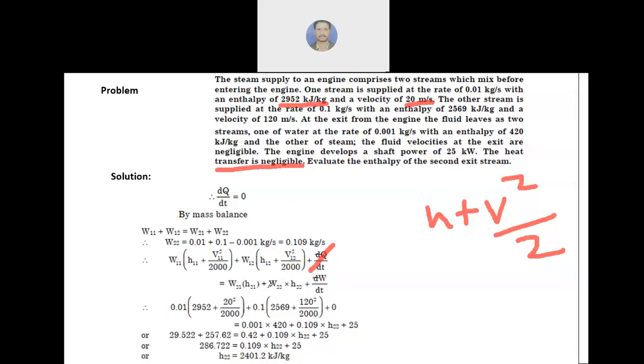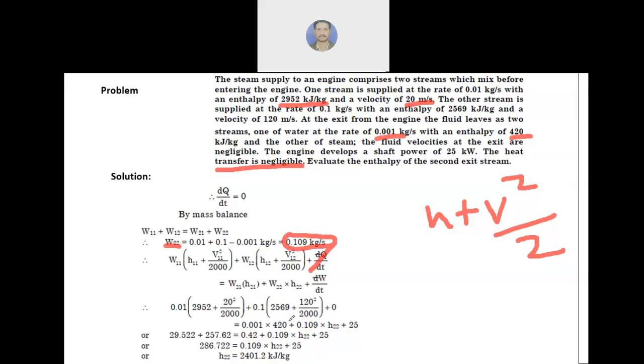So now coming to the outlet, W21, how much is given? This much. Now H21 is given as 420. W22, you have calculated this W22, this much.